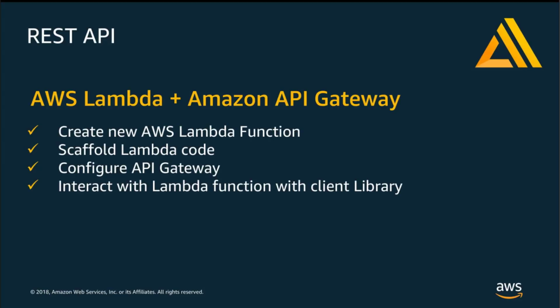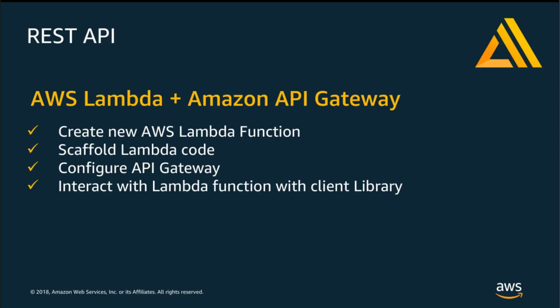And the REST API that is going to be like a generic starter for the CLI is using AWS Lambda and API Gateway. So when you scaffold a new REST API from your command line, it'll create the Lambda function, and it'll also automatically scaffold all of the Lambda code to create a boilerplate for you to get started.